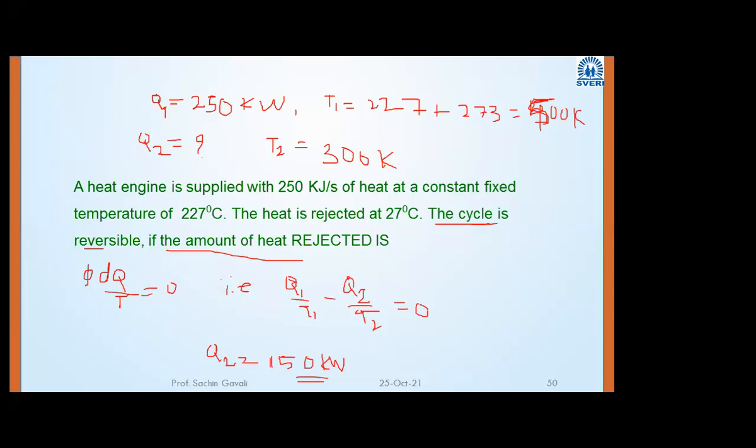The heat is rejected at 27 degrees Celsius. The cycle is reversible. Calculate the amount of heat rejected.